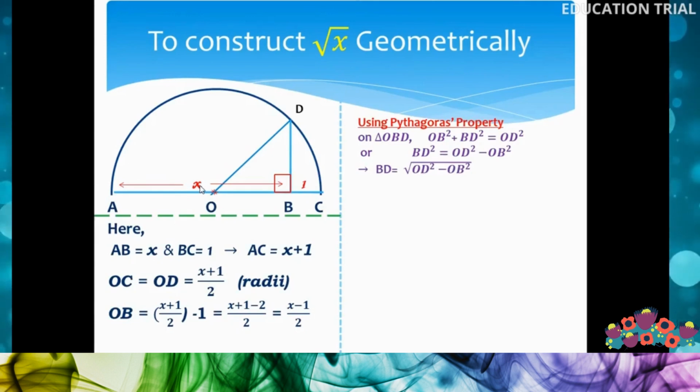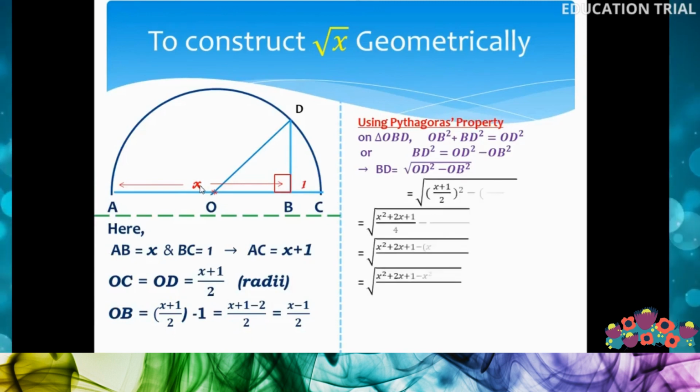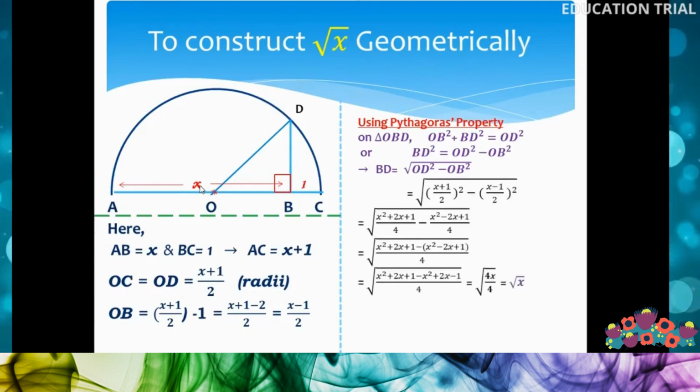As we have seen, the value of OD is (x plus 1) by 2 and the value of OB is (x minus 1) by 2. Applying these values in this equation and simplifying, we will get BD is equal to square root of x.